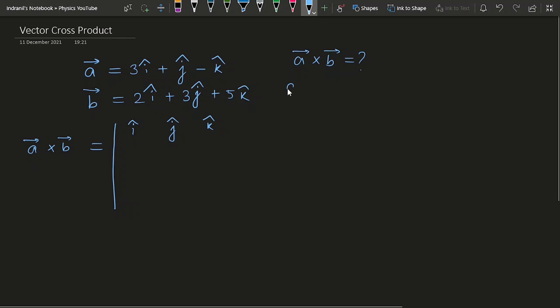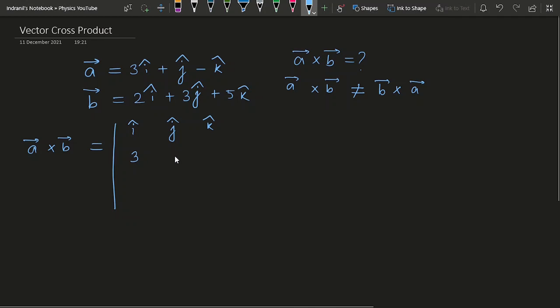We have seen that A cross B is not equal to B cross A, right? So we have to do it in order. We first write the components of vector A. In the first column we write 3.